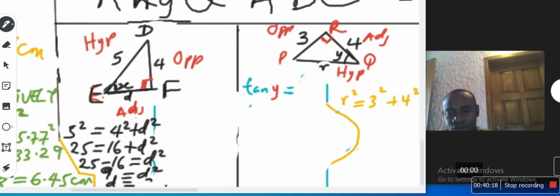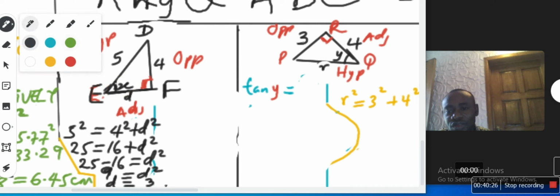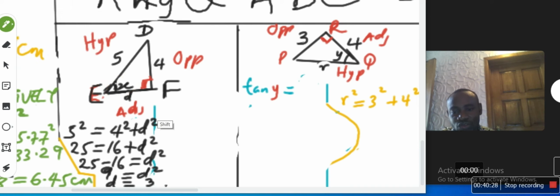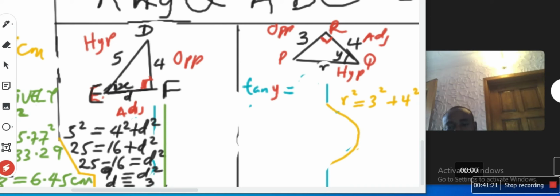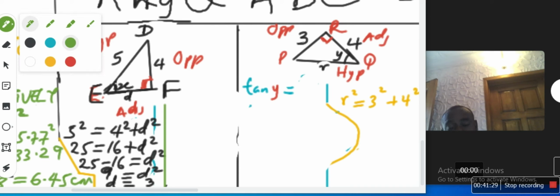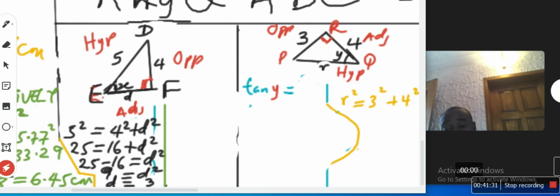Alright, so we found D. Can we find X? I'm going to do sine. Incidentally, any one can be used because all the sides have been found. We can use any trigonometry ratio. We could use cos, the reason being all the sides we've found now.